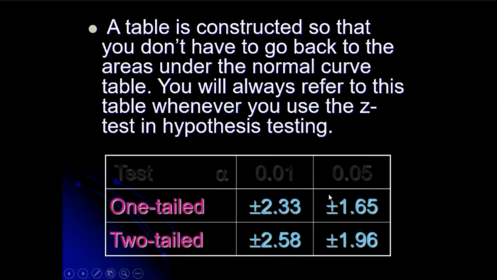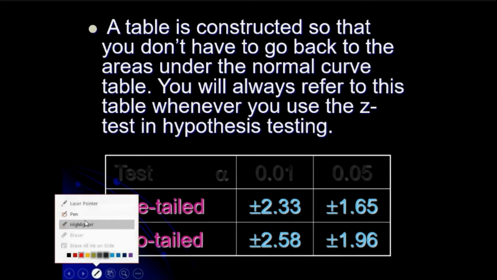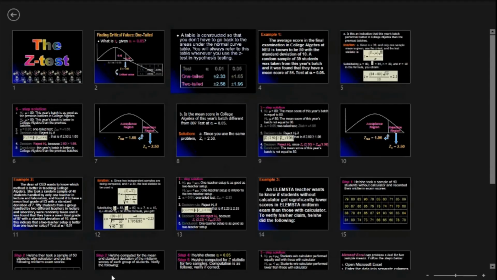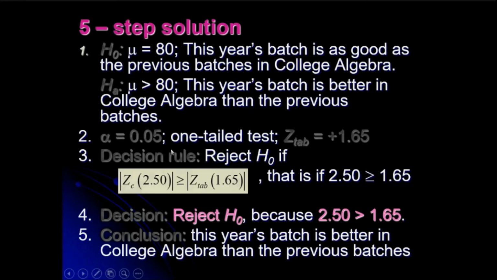So ibig sabihin, we are looking into this data. Okay? Yan. Sa 1.65. Yan yung gagamitin natin. Alright? So, going back there, ang tabular value natin ngayon ay 1.65.